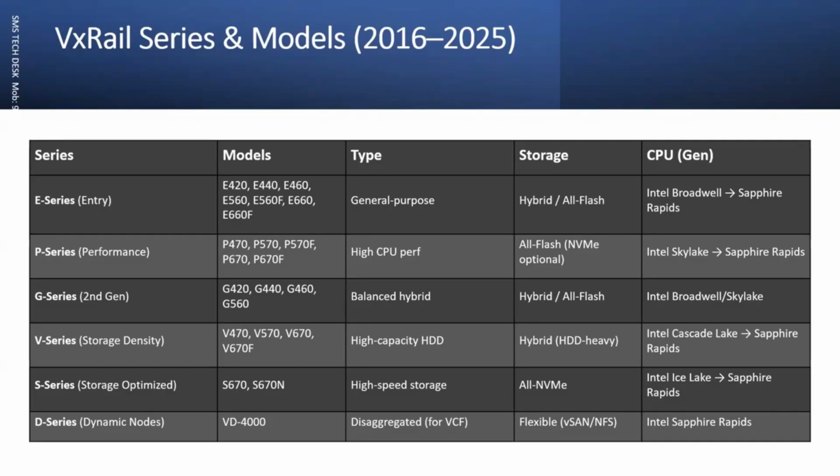We have the P series, which is used for performance oriented environments, for example database servers where the IO requirement is very high. Then the G series is for general purpose. We can use it for any purpose.